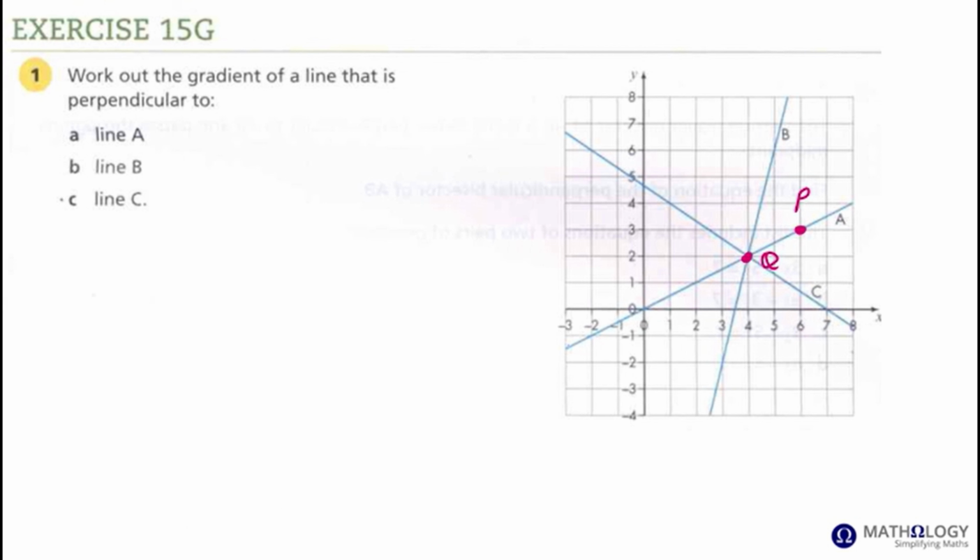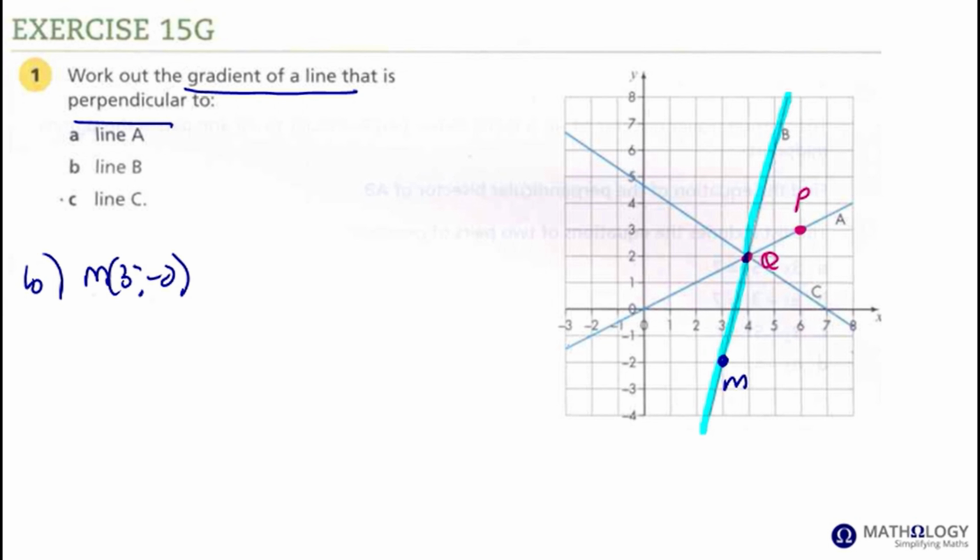Line B, we want to find the gradient of a line perpendicular to line B. So let's just take a point on B. Let's take this point over here. Call that M. So M will be the point 3, minus 2. Let's use Q again. Q lies on line B, which is 4, 2.